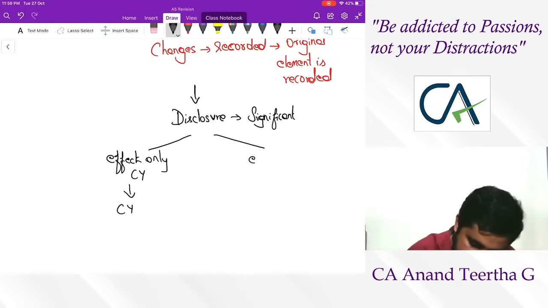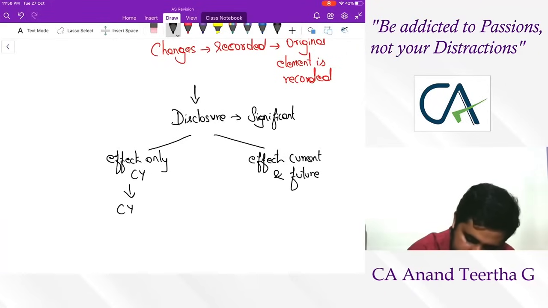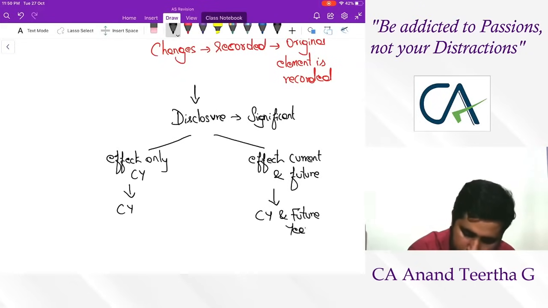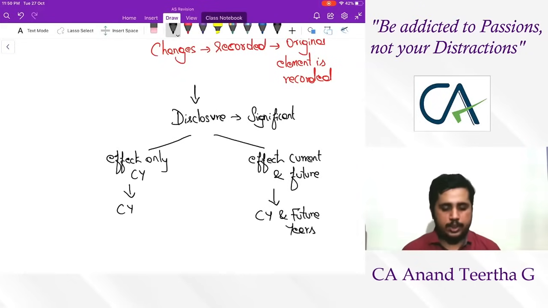If it affects current and future, then disclosure will apply for current year and future years. This is number one disclosure needed.